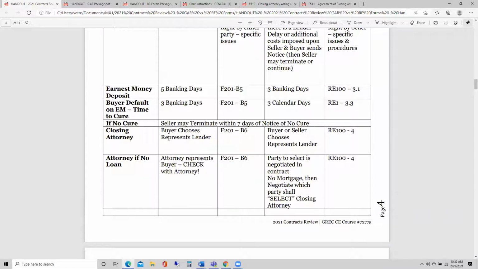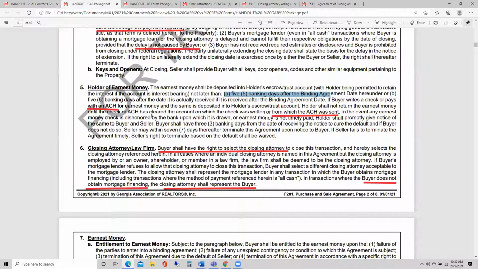If you get that notice on a Friday under GAR and Monday's a federal holiday, then you have a little bit more extended time for the buyer to cure that default. If there is no cure, both contracts allow for seller termination rights, but there are notices and time frames involved.